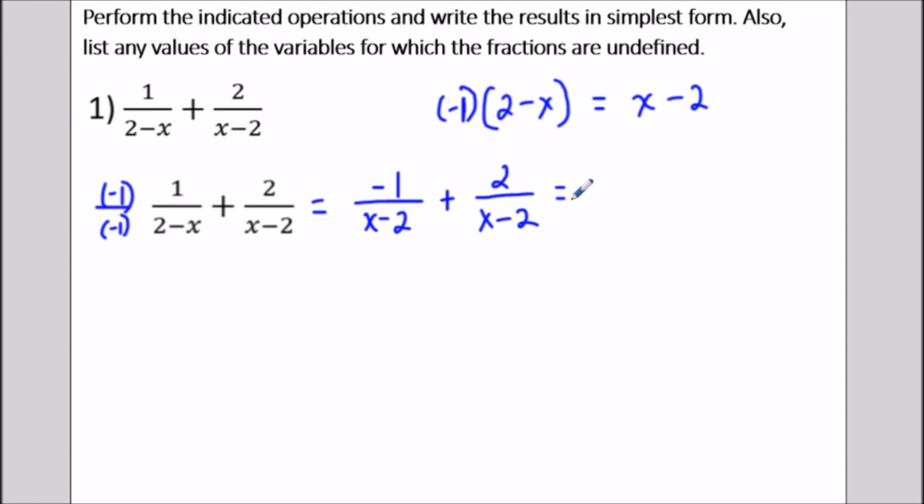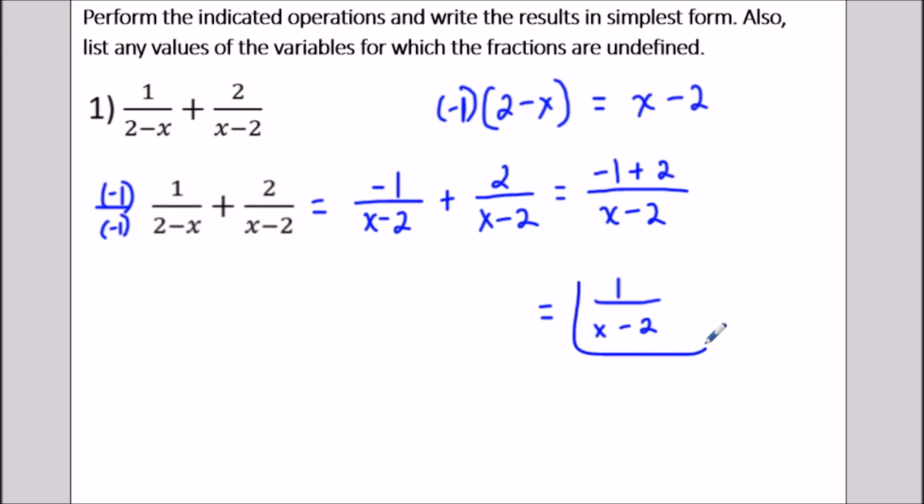So now we've accomplished what we needed to. We have matching denominators, so we can write this as a single fraction, and all we have to do is add the numerators together. So we have negative 1 plus 2. The first one works out to just 1 over x minus 2. Let's make that a little neater: 1 over x minus 2.